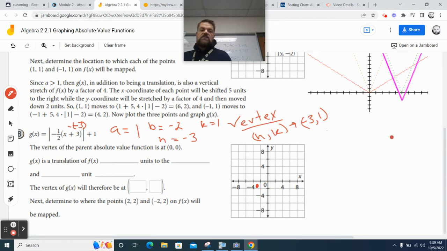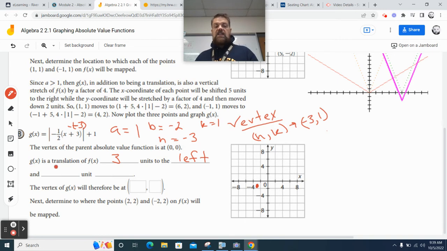So it says the vertex of the parent absolute value function is 0, 0. G of x is a translation of f of x. How many units to the blank and how many units to... So we know, what does h do? It's 3 units to the left.